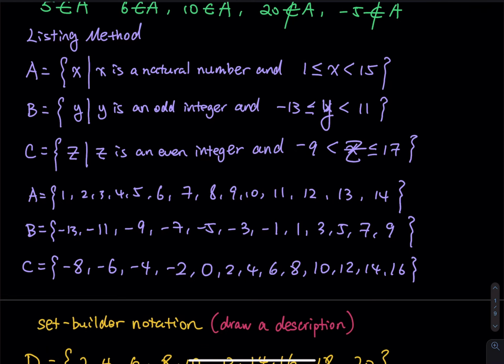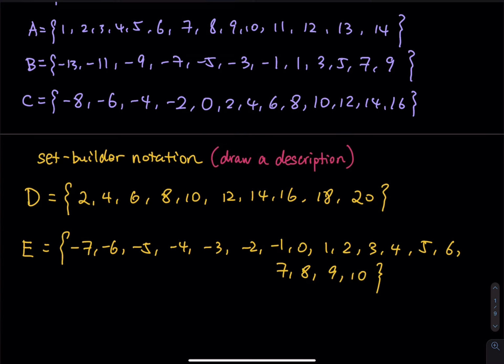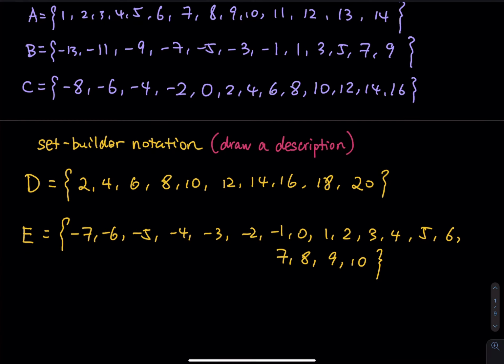All right, so we have the set builder. What is set builder? Set builder notation means you have to draw a description. All right, so D is 2, 4, 6, 8, 10, 12, 14, 16, 18, 20. Let's say you call this x1 and this x2, x3, and so forth.